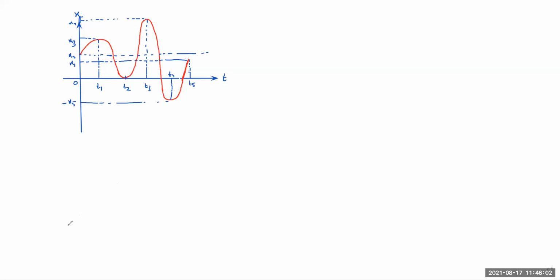Now, by looking at the graph, find the average velocity for the entire journey. Also find the average speed for the entire journey.